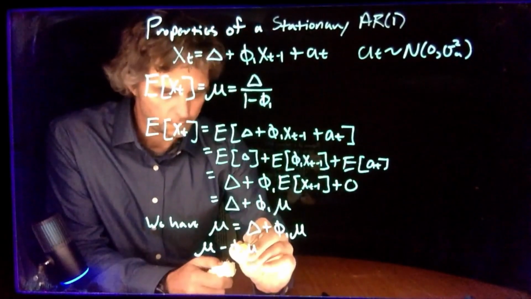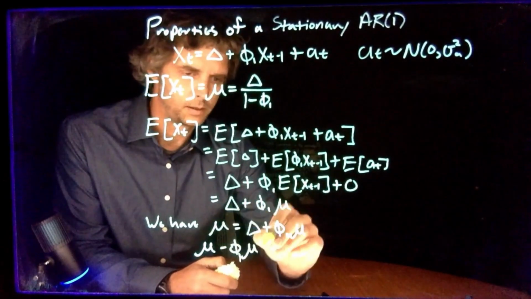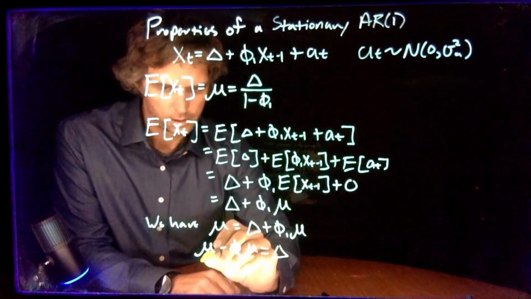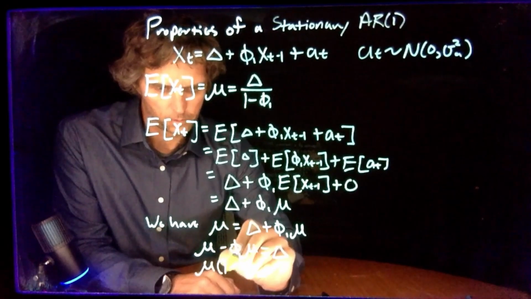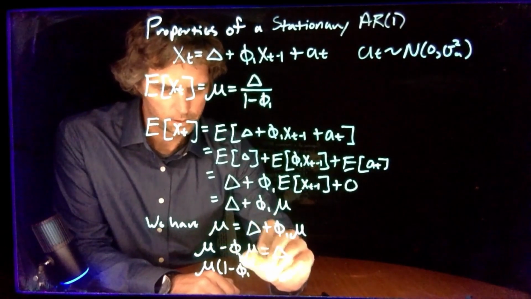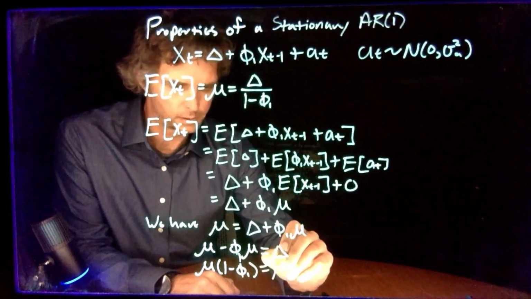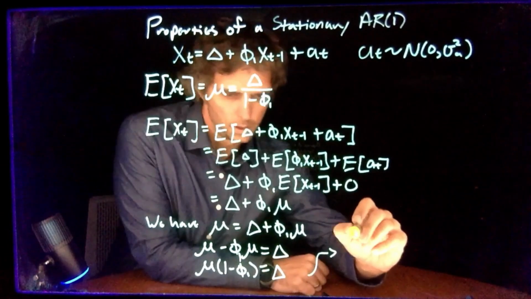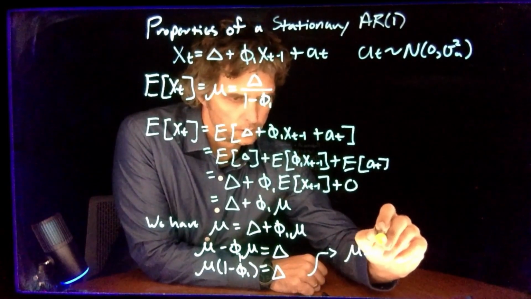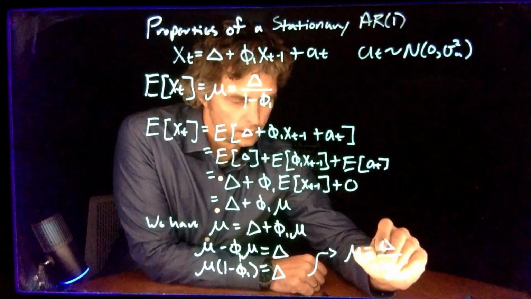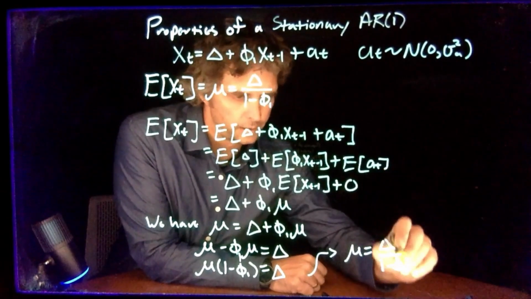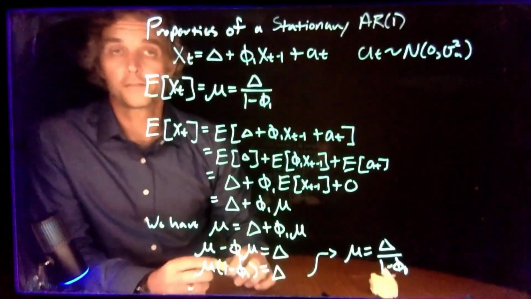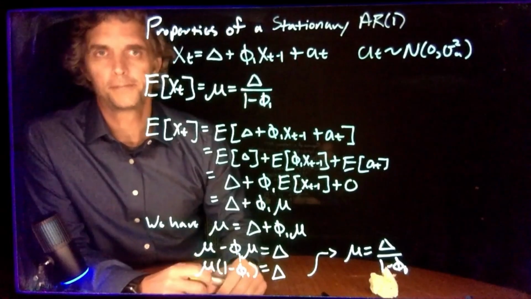So that will be mu times 1 minus phi1 equals delta, just factoring out the mu. And that will lead us to mu equaling delta divided by 1 minus phi1 for a stationary AR1. That's the one. Okay, great. So that's the first property. Stay tuned for the next property.